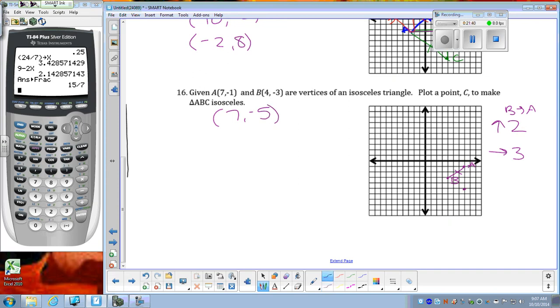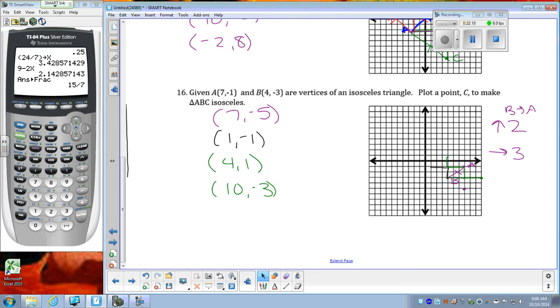I could go up 2 and then left 3, have a point at 1, -1. If I use angle A as my vertex, I could go up 2 instead of going down 2, and that would be the point 4, 1. And then instead I could go down 2, and then instead of going left, I could go right 3, and then I'd be at the point 10, -3. So there are all my potential points for number 16.